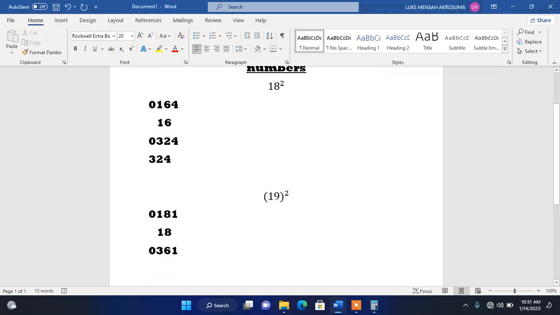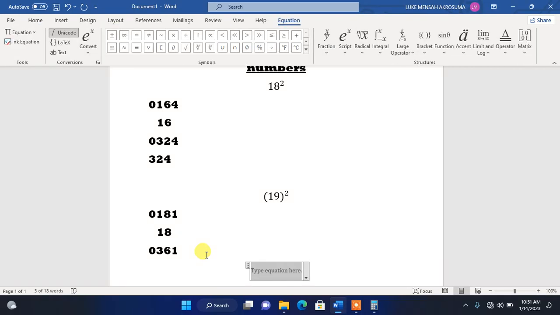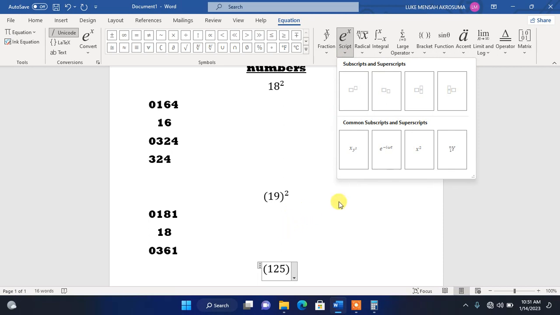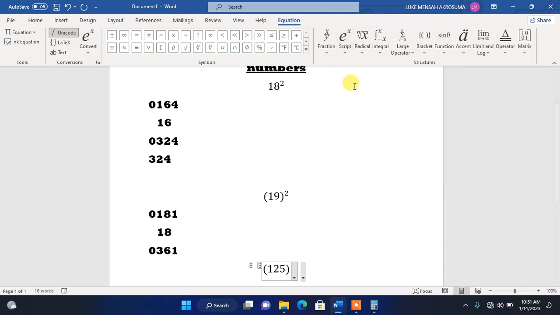Now let's turn our attention quickly to three-digit numbers. Let's try 125 squared.